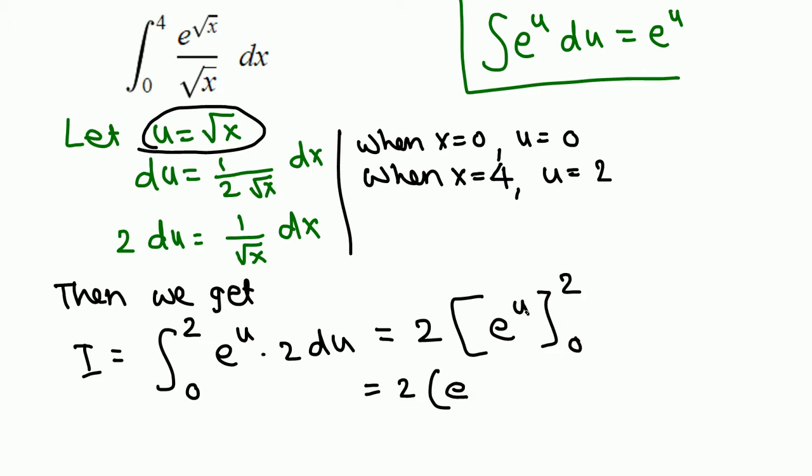Replace the variable u by 2 and 0. So e squared minus e to the 0, and e squared is a number. Don't go for a decimal, but e raised to 0 is 1. So let's simplify: 2 times (e squared minus 1), and this is the final answer.